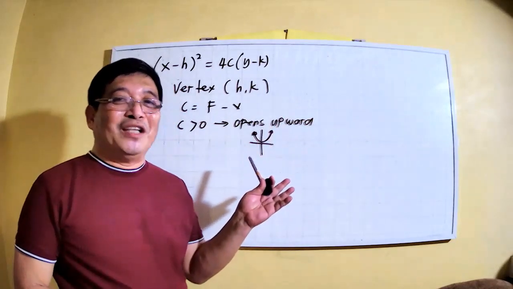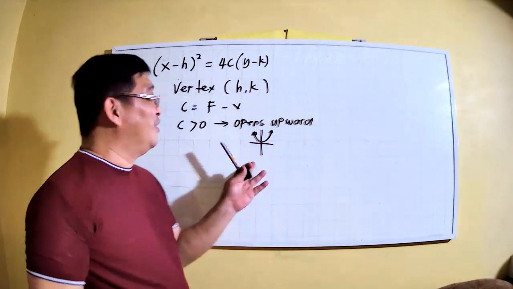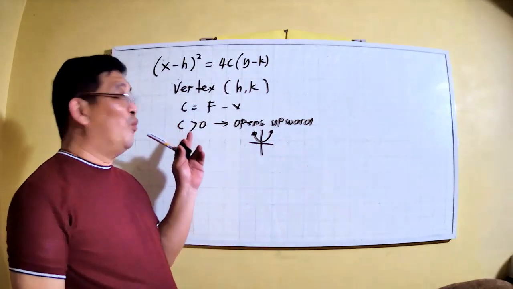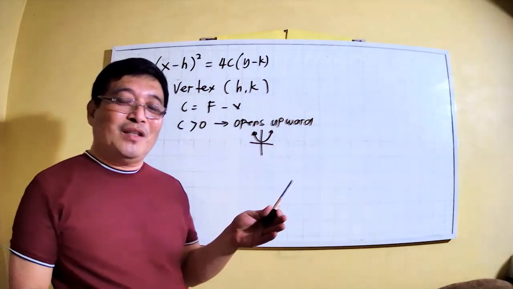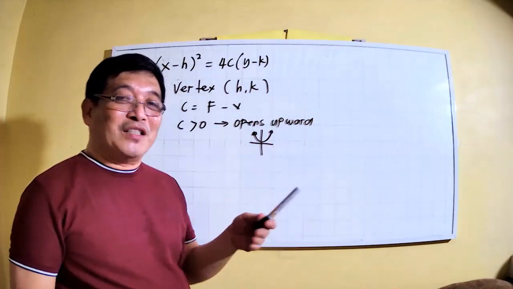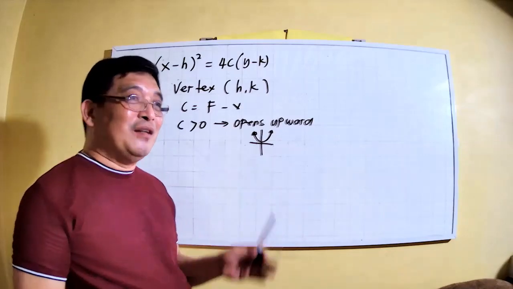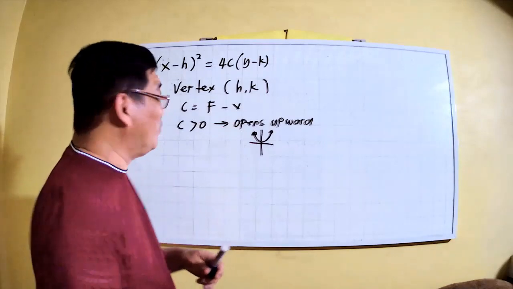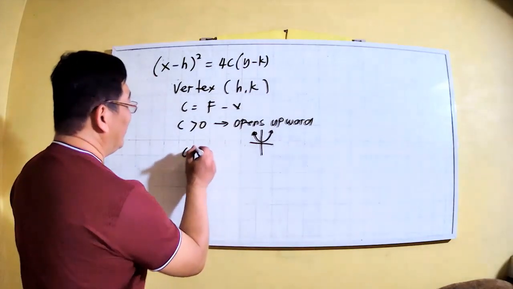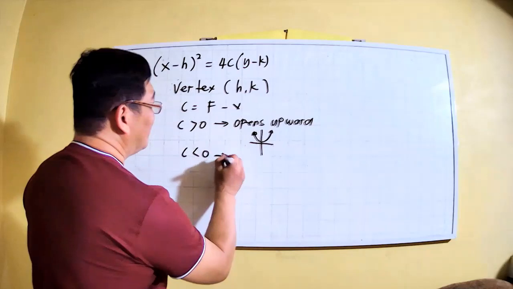So ganito lang yung magiging behavior niya. Kung C is equals to 1, 2, positive 3, positive 1/2, positive 0.5, positive 0.3, basta greater than 0, the parabola opens upward.